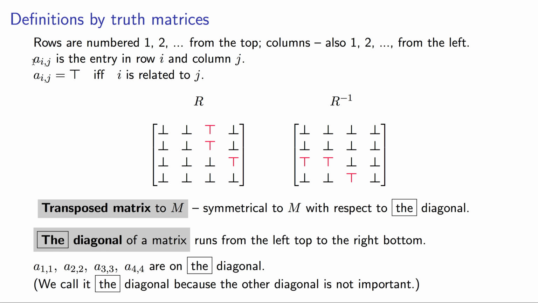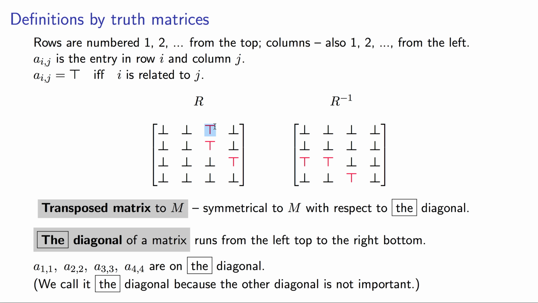Also, in the context of binary matrices, we use indexing as follows. A sub i, comma j represents the entry in the row i and in the column j. So, for instance, this would be an entry in the row 1 and in the column 3.